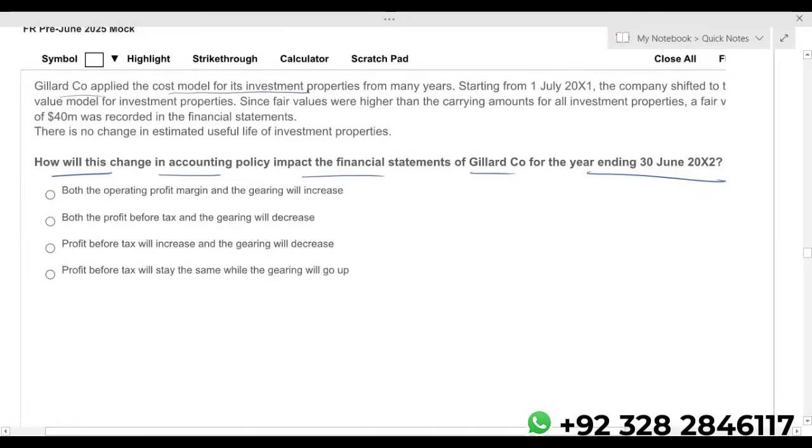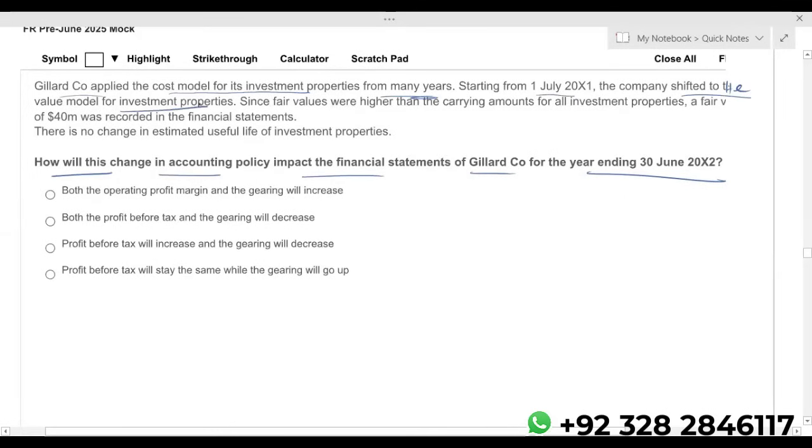Nobody is interested in how much you paid for it; everyone wants to know the fair value of your investment. Gillard Company applied the cost model for many years. Starting 1st July X1, the company shifted to the fair value model.